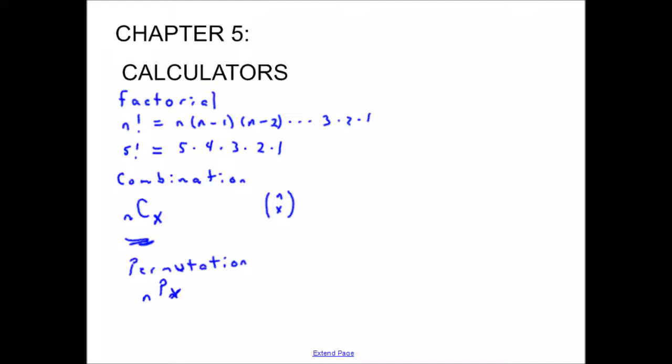So just looking at some of the uses of these with the calculator when we're looking at factorials. Example, 7 factorial.